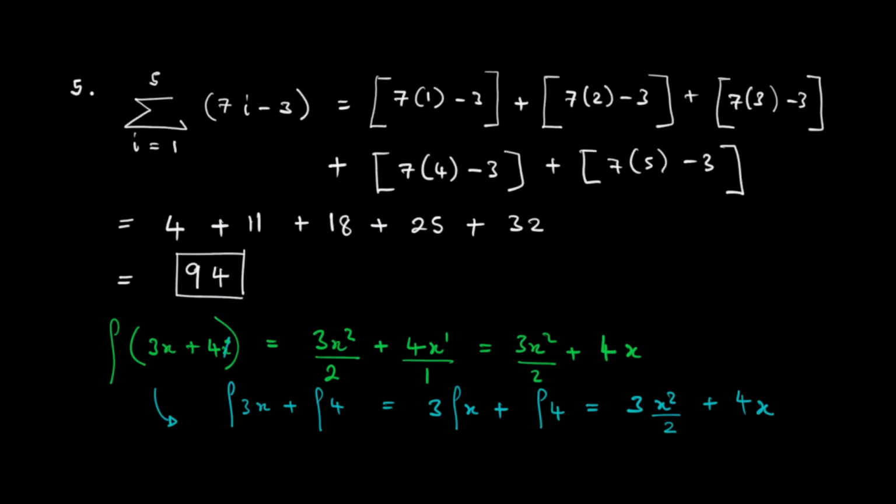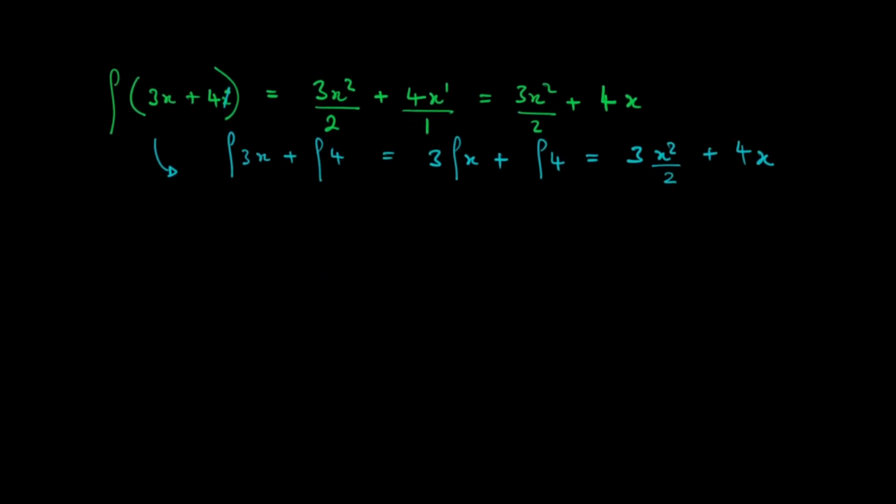So zviri kuitika pa integration panapa zvinogona kuitika zvakare kusummation. And what do I mean? Tine a situation like this. Tine summation from i equals 1 up to what value? Up to 4. Actually up to 5, 7i minus 3. Itinogona kuinyora yakadai so.